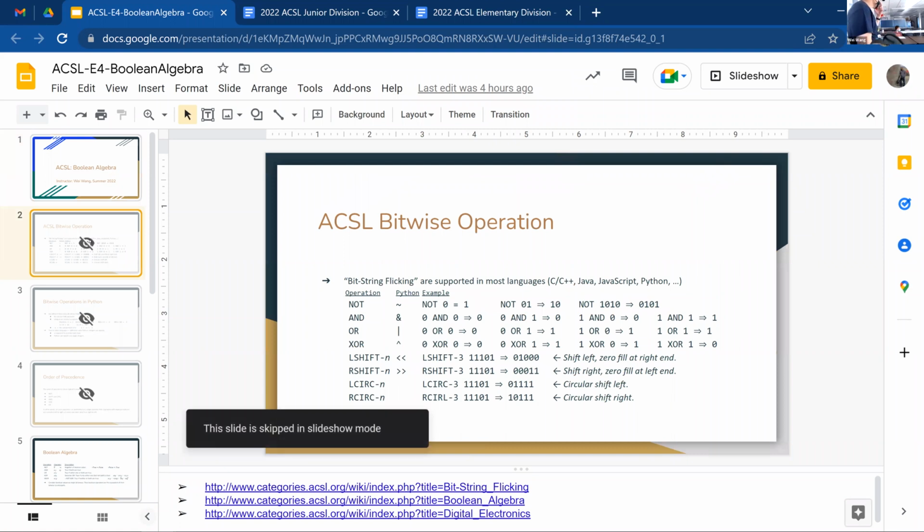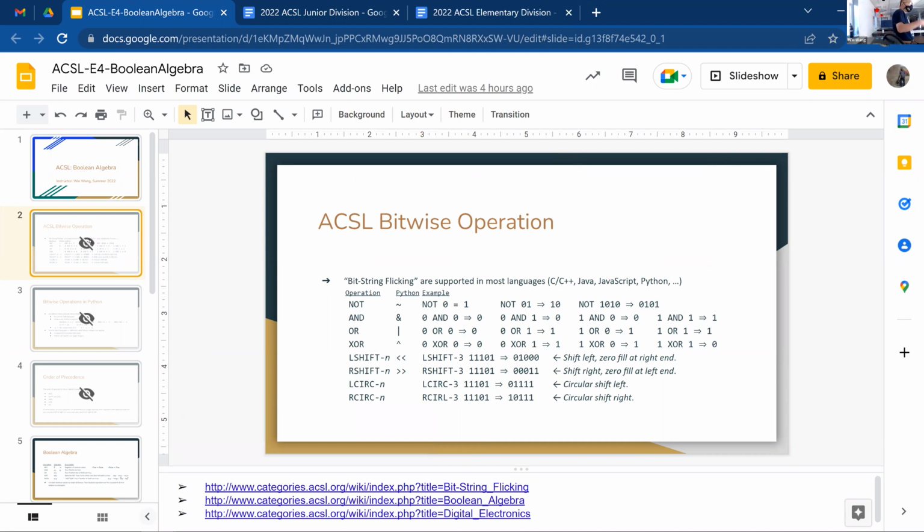So, with computers, as we have talked about throughout our sessions since the beginning, computers only know about binary, right? At the very essential, very basic level, computers are made up of switch circuits.